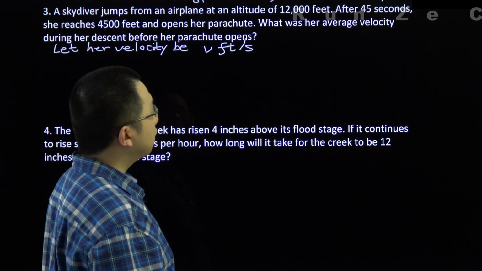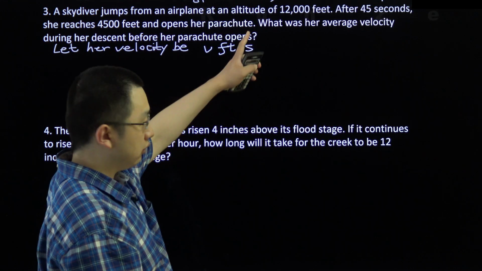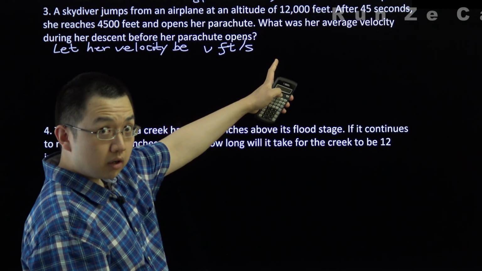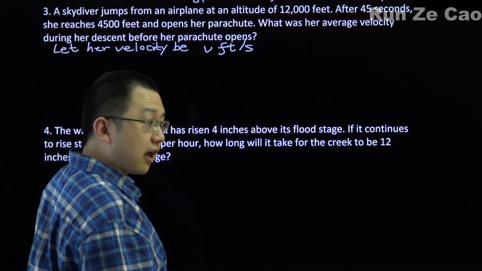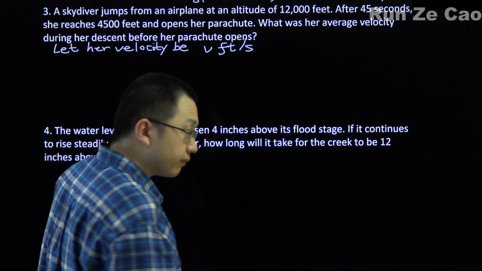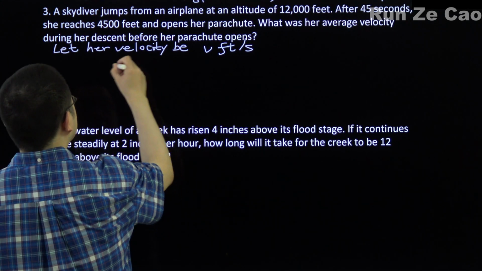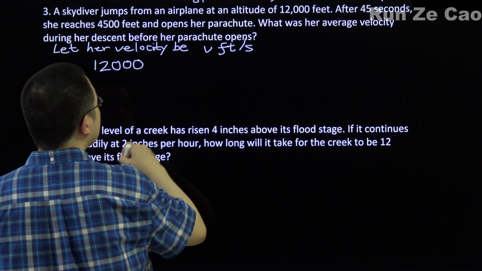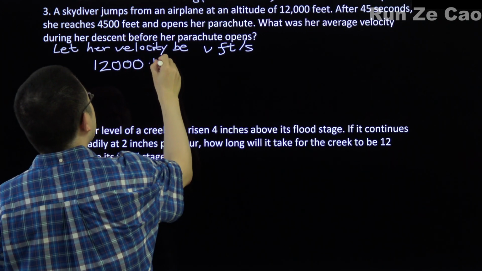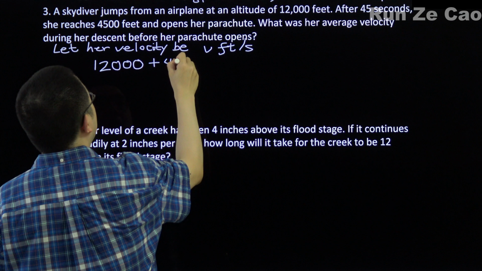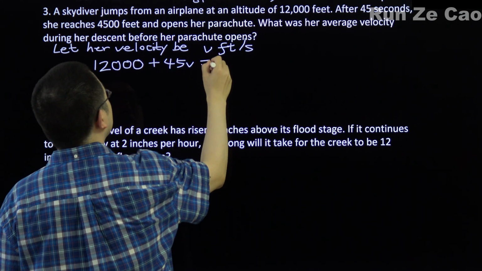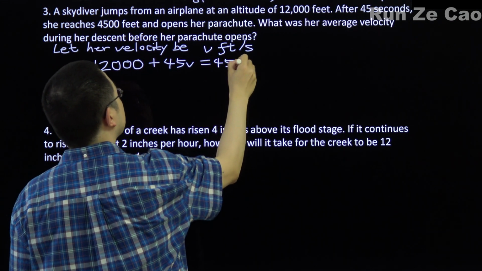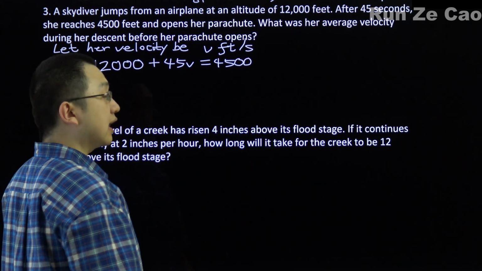The problem is the altitudes we have, if we take those altitudes to be positive, that means we're looking at 12,000 plus 45v is equal to 4,500. You're going to end up with a negative v.